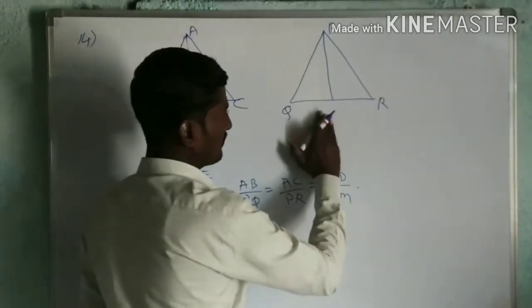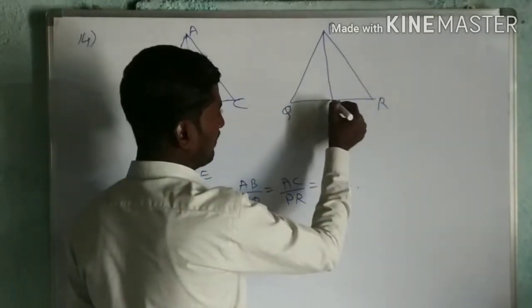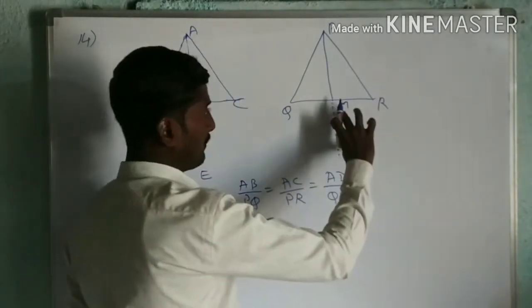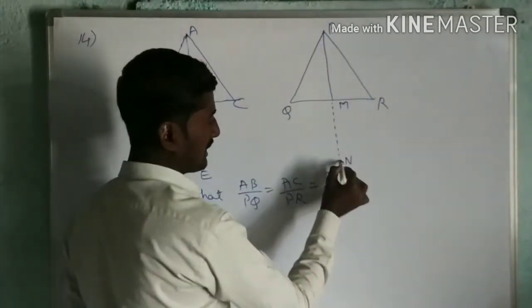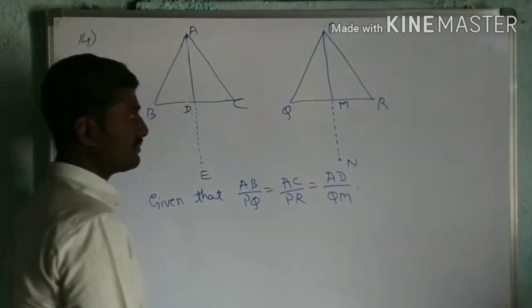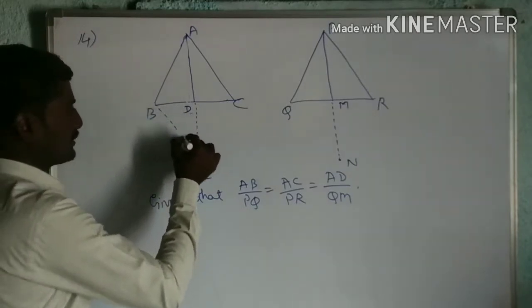Similarly here also, I have to draw MN, so this is MN. MN is equal to PM. This is N. Now join BE.